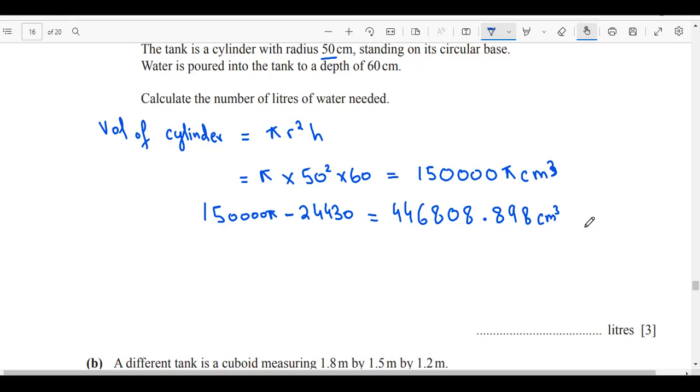So this value is centimeter cube. And in one of the previous classes, Saneem asked me, ma'am, can you please explain the relationship between centimeter cube and millimeter cube, something of that type, right? So 1 centimeter cube is equal to 1 milliliter. So this means that we have 446,809 milliliters of water.